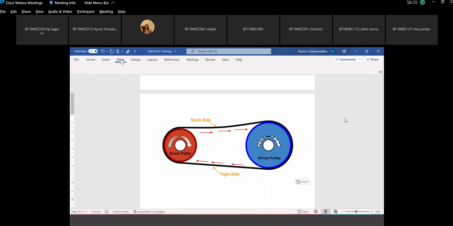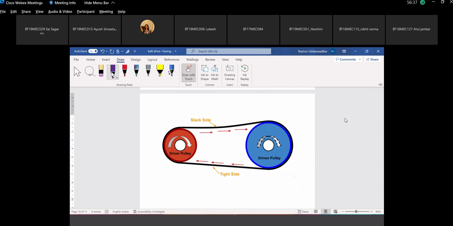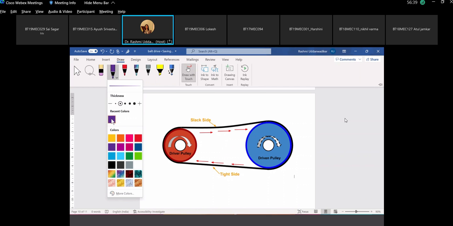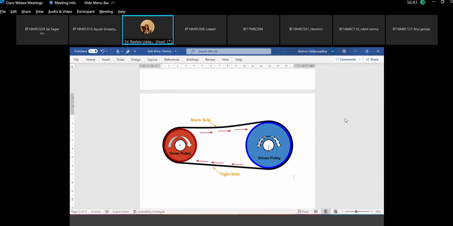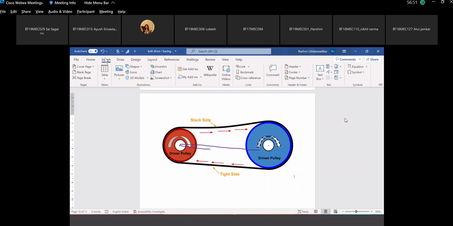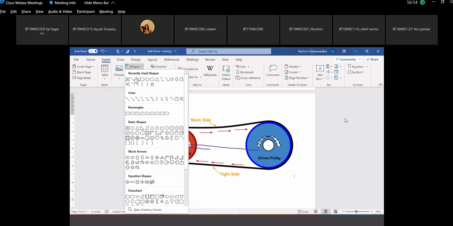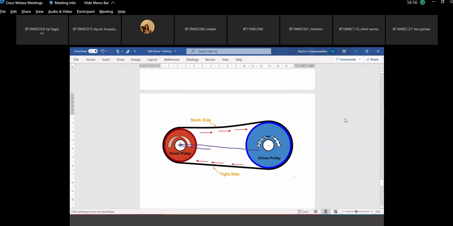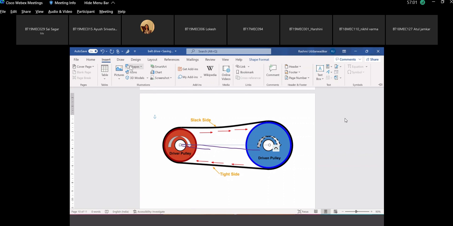Okay, so a quick derivation, not more than 5 minutes. Please give me the values. Please draw this figure quickly.